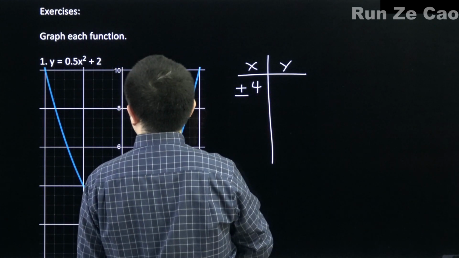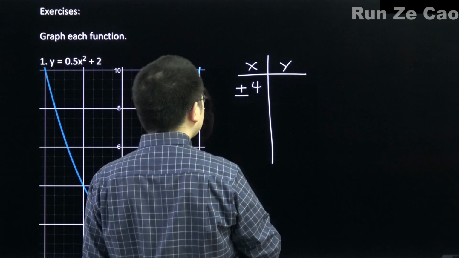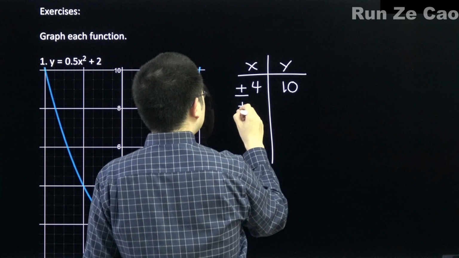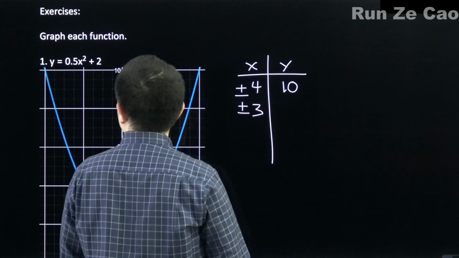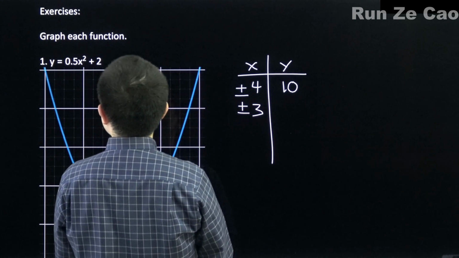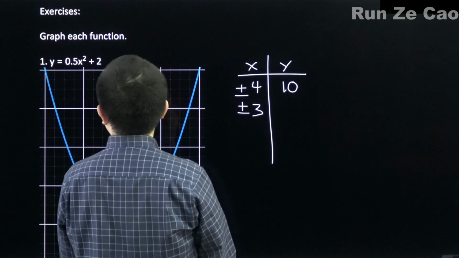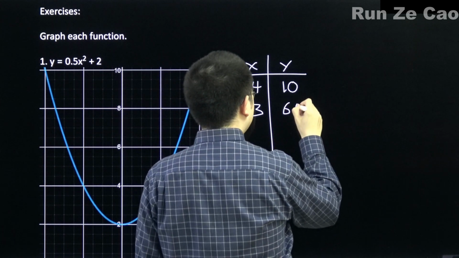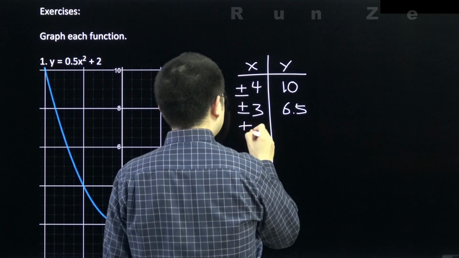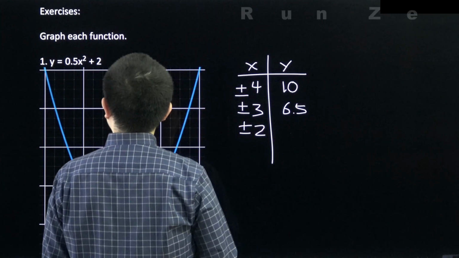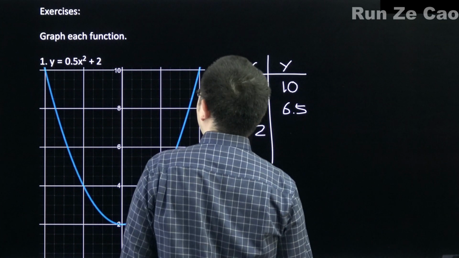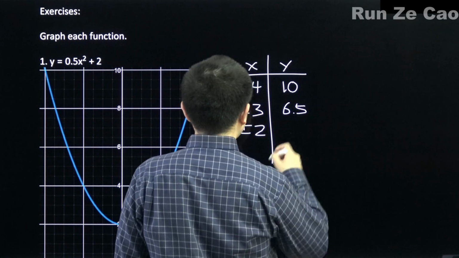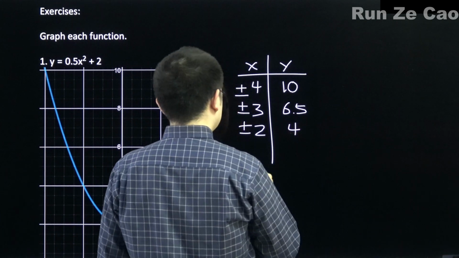So plus minus 4 is half of 16. 8 plus 2, that's 10. Plus minus 3, 0.5 times 9. So 4.5 plus 2 is 6.5. Plus minus 2, 0.5 times 4 gives us 2. And then 2 plus 2 is 4.